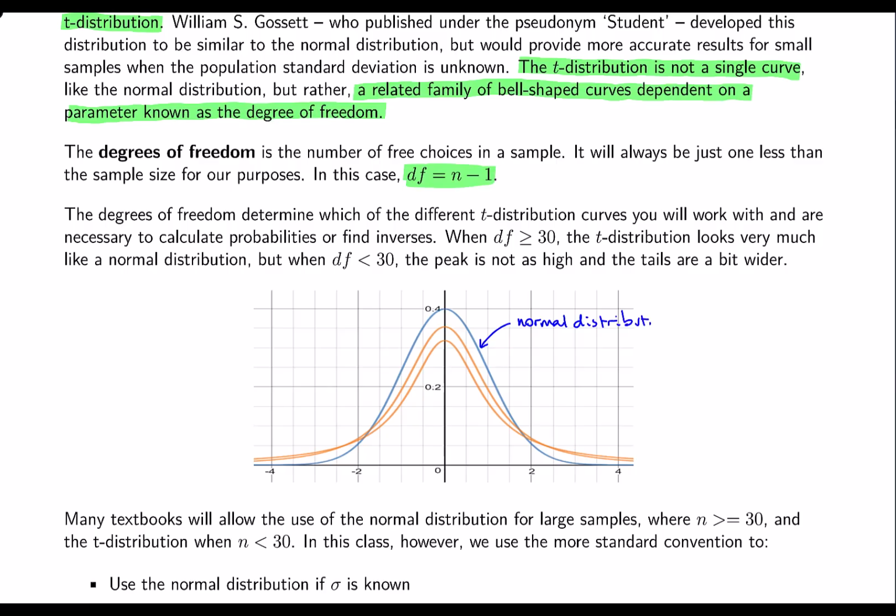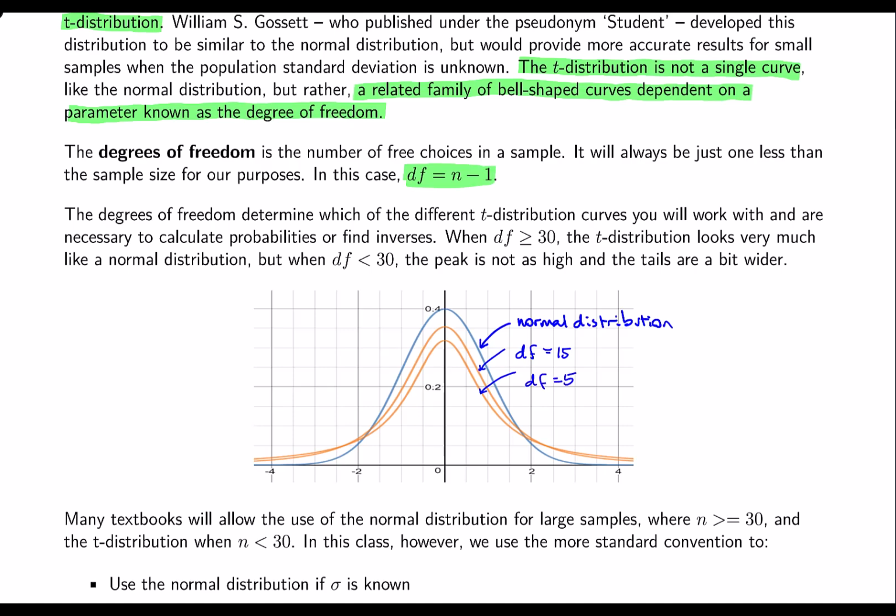And the other curves here in orange, these are t-distribution curves, but with a small number of degrees of freedom. Let's say this one right here has maybe 15 degrees of freedom. And then this one maybe has 5 degrees of freedom.